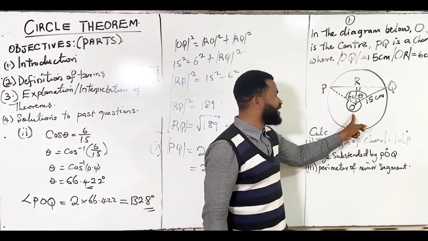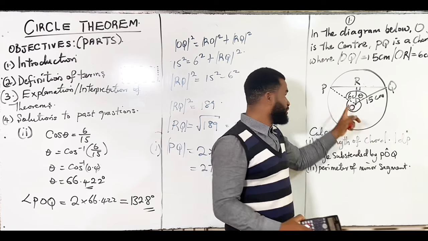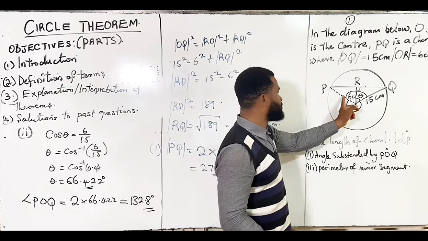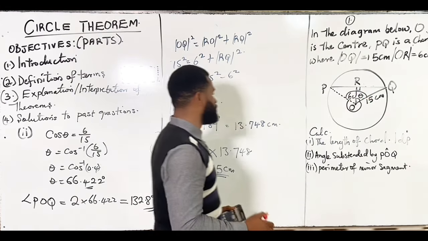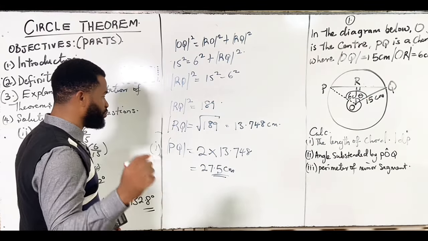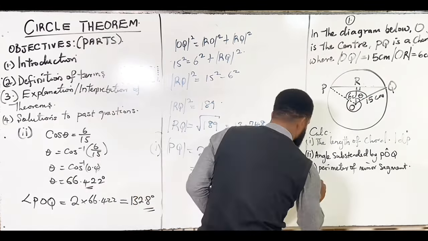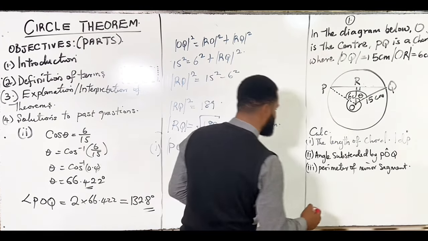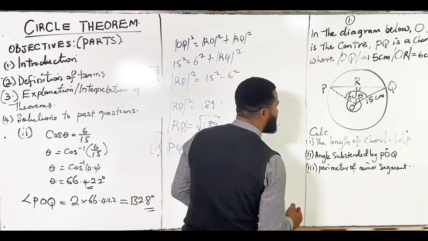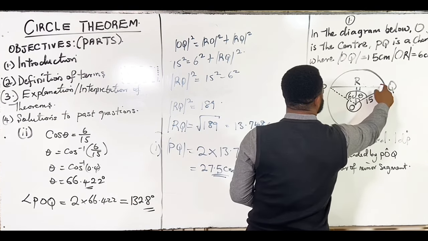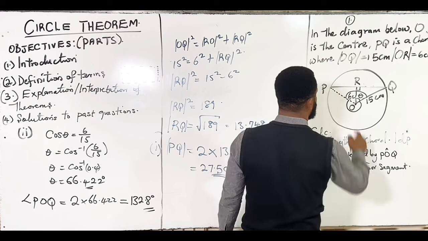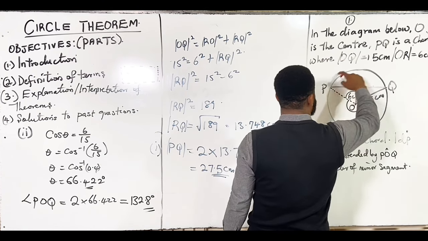So the bigger angle is called the major segment, while the smaller angle is called the minor. So what is that formula we found out? Okay, let's do it here. The formula for the perimeter of a minor segment is going to be the length of the chord and the length of an arc.